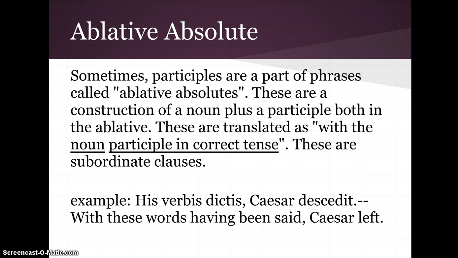His is just modifying verbis, telling us which words were said. His means these or this, and then dictis is the participle, and because dictis is a form of the perfect passive, the translation becomes having been said. So with these words having been said would be the translation of the whole ablative absolute in this sentence.